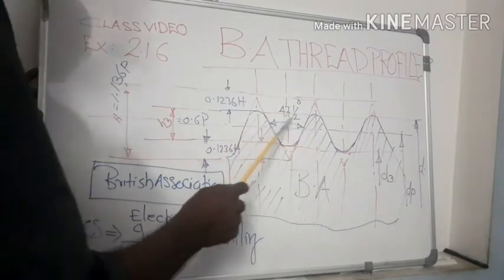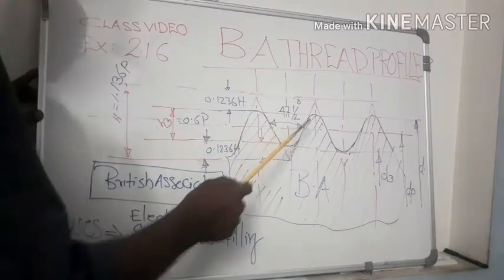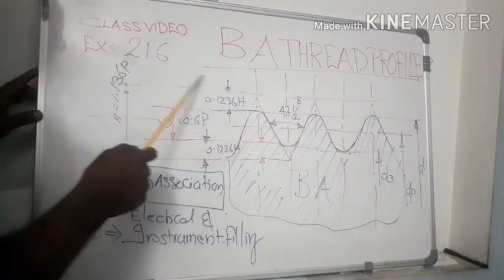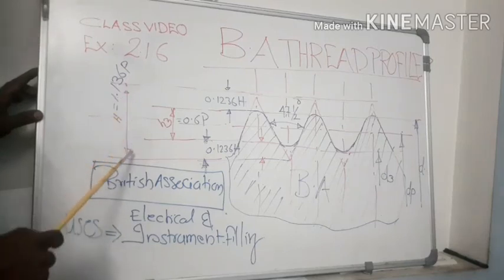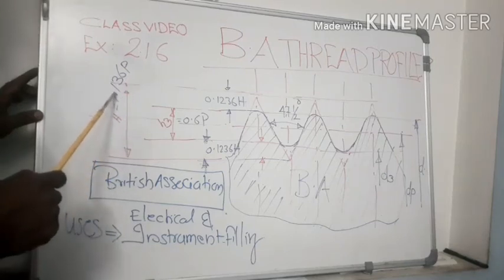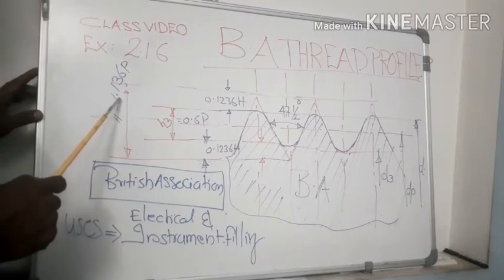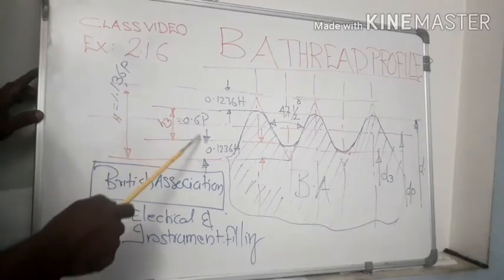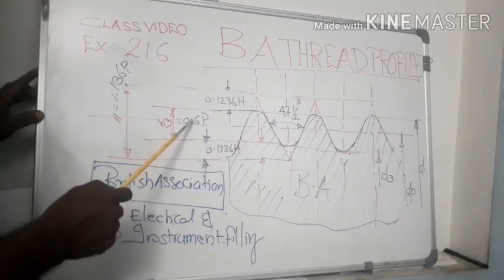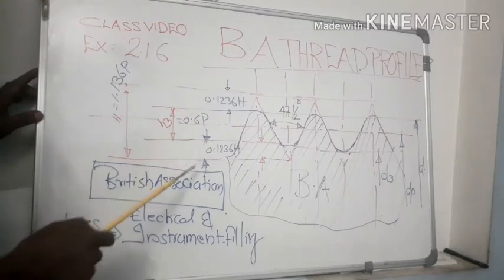Its angle is 47.5 degree, and all parameters are marked here. Here, capital H is marked with a value. That value is 1.136 into pitch. Similarly, the actual depth is marked in terms of pitch. That means 0.6 pitch.